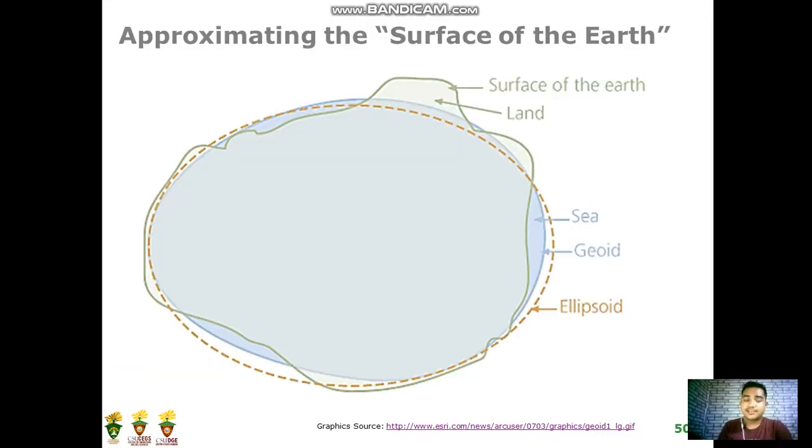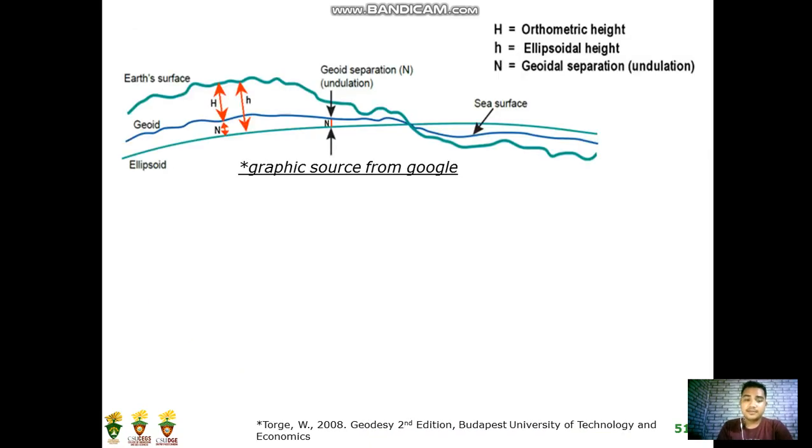So here is the illustration that shows the different surfaces of the Earth, or how to approximate the surface of the Earth. So we have the surface here, the terrain, the geoid, and the ellipsoid. So here is another representation, no?